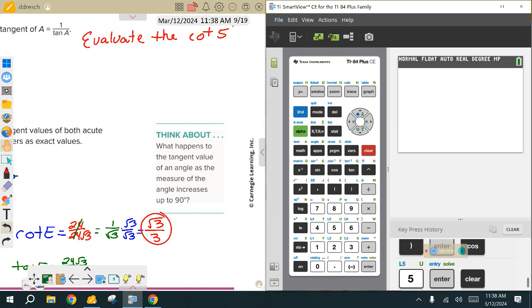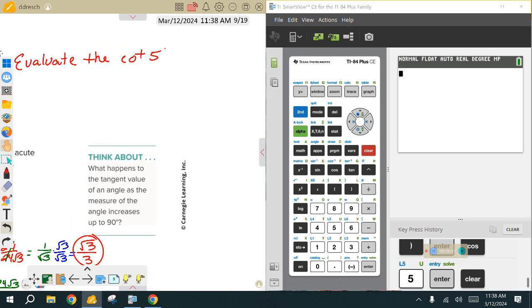Now, if you had a different type of calculator, it would be there, but it's not there. Your calculator is not doing the cotangent function. But what can it do? Okay, what is the cotangent the reciprocal of?